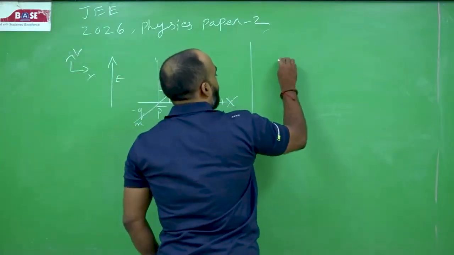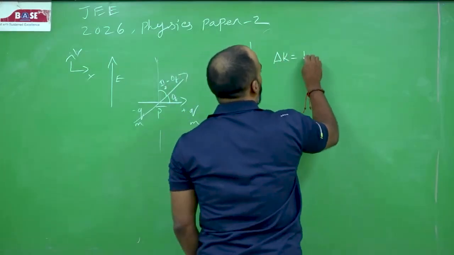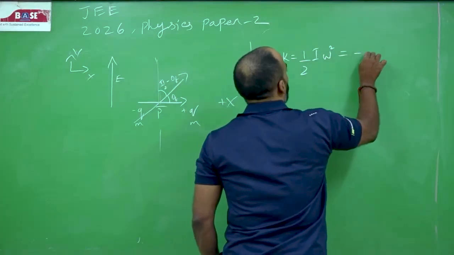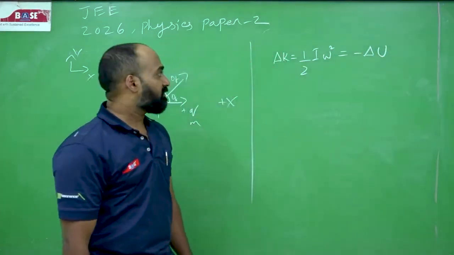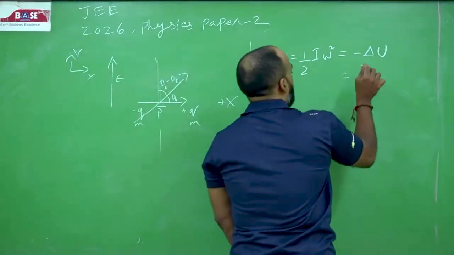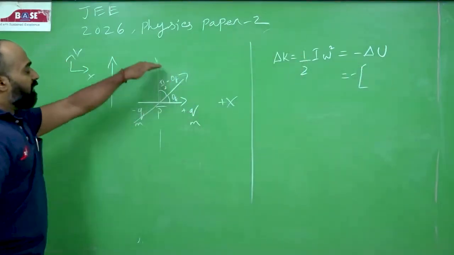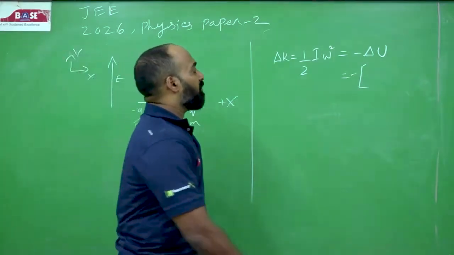Then we can say the change in kinetic energy is equal to half I omega square. So will be equal to minus of delta U, the decrease in potential energy. There will be minus of, initially the angle between the field and the dipole is 90 degrees. So the potential energy will be 0.